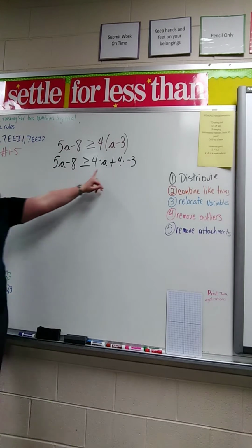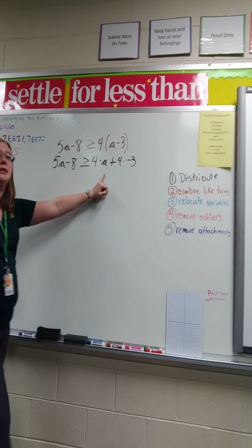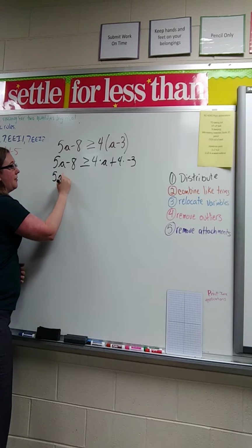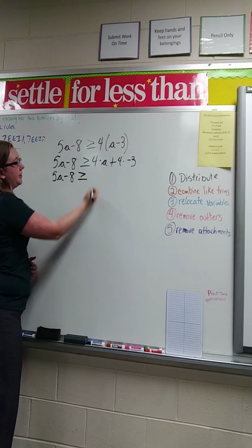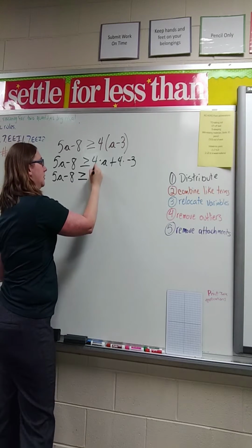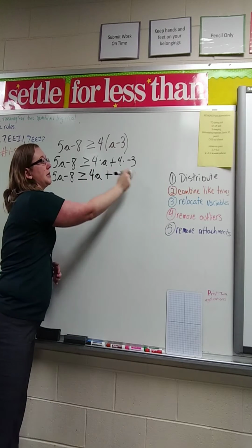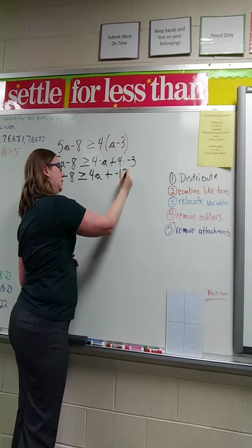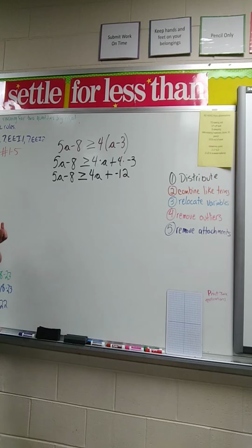Can this be simplified? Yes. 5a minus 8 is greater than or equal to, what's 4 times a? 4a. 4 times negative 3? Negative 12.